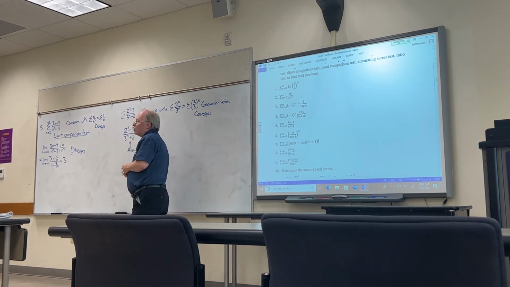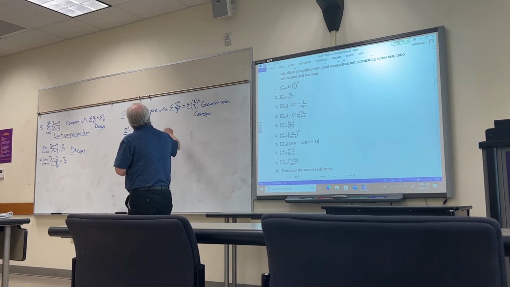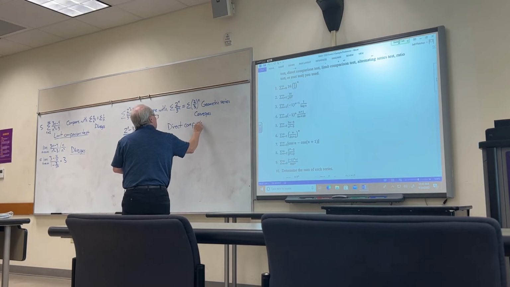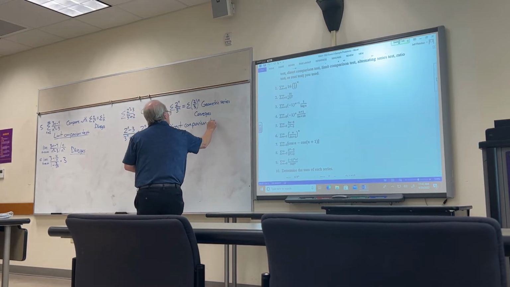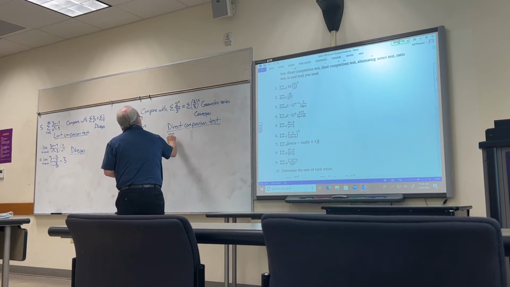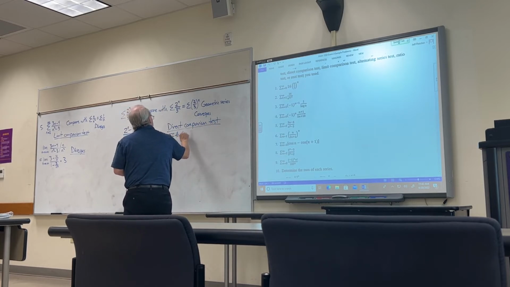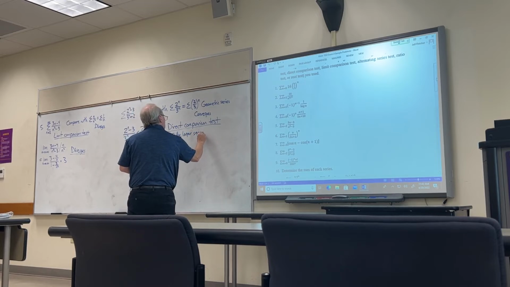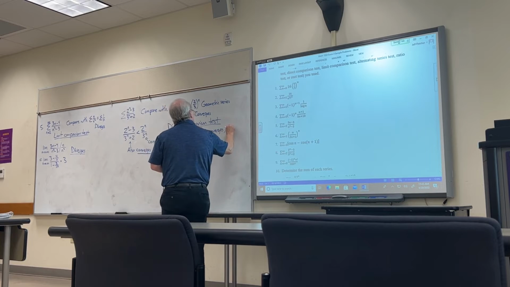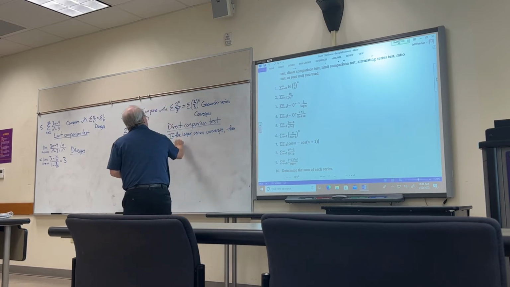So the way the direct comparison test works, and I'll put another big difference, which is what we're doing here, is that if the larger series converges, then the smaller series converges.